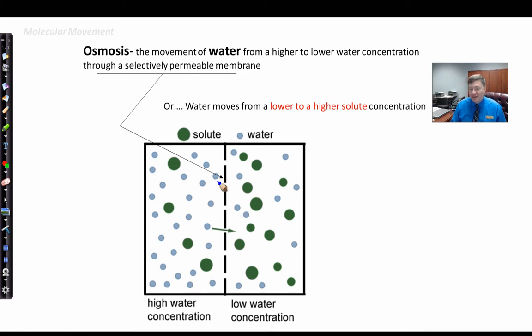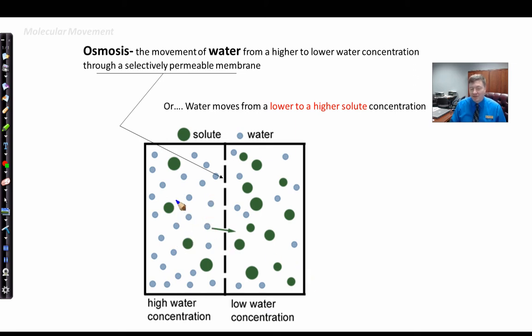However, water is small enough to pass from here to there. And notice again, on this side we have high water and low solute, or here we have high solute and low water. Same thing. But the question is, what's water going to do since there's a concentration difference?